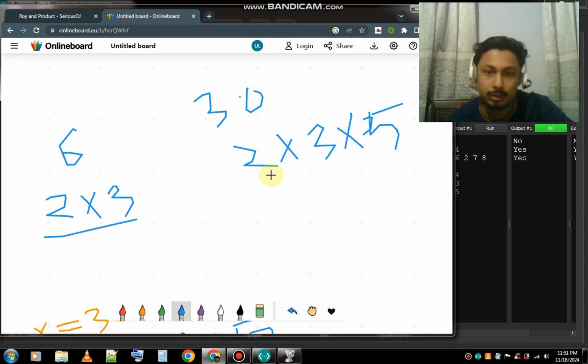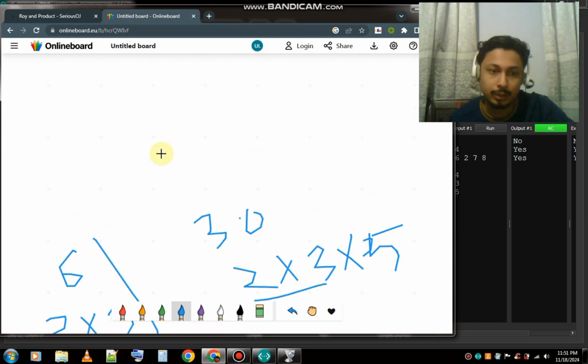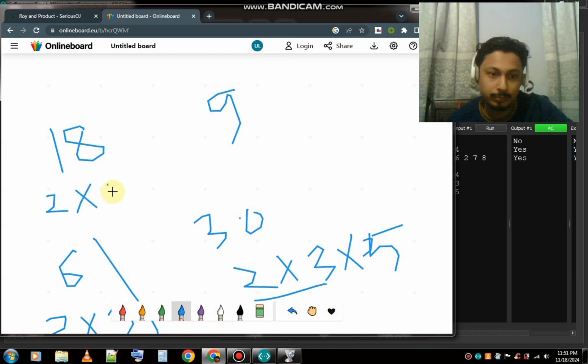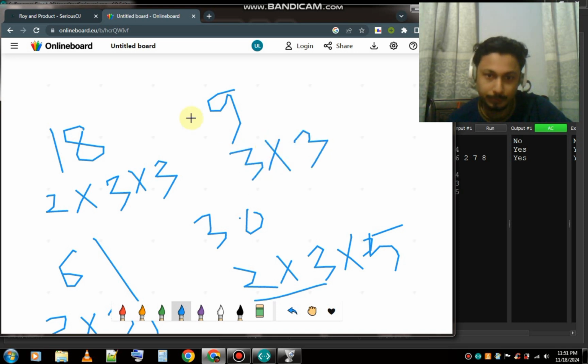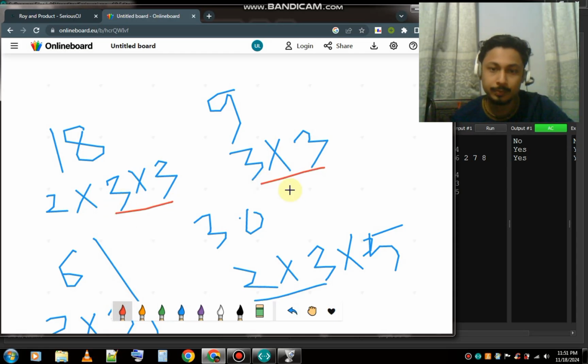Because they share divisor prime numbers, right? If we see another example, 18 is divisible by 9. If we divide it, we get 2 and 9, right? So they share a common prime number. In this way, we can optimize our problem.